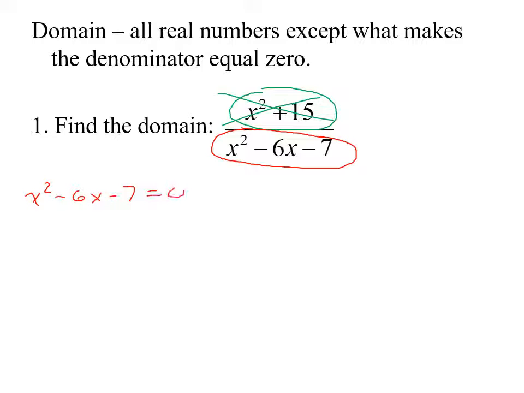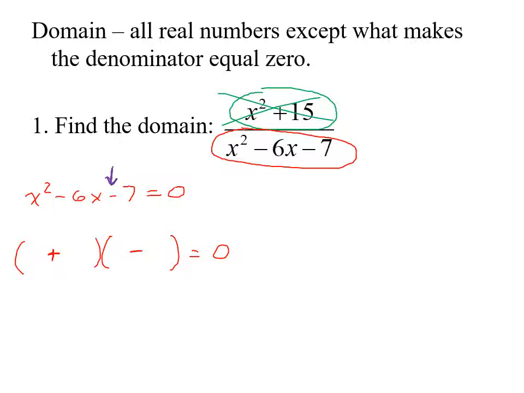And I set that equal to 0 because I want to find out what values I do not want to include on my domain. And so this is just like what we were doing last video with factoring. You look at this sign right here, that's a minus sign. So I'll have to have two sets of parentheses, one with a plus, one with a minus.